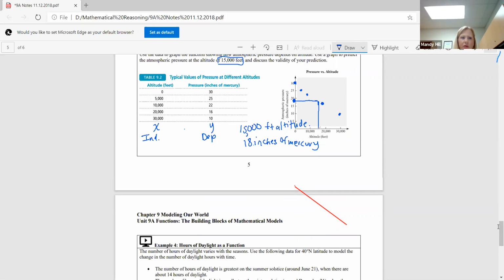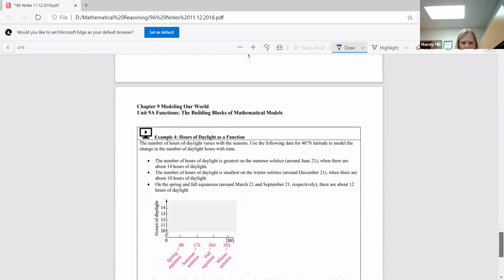let's look at the next one. Okay, so this is the last example we're going to talk about, and it says the number of hours of daylight varies with the seasons.